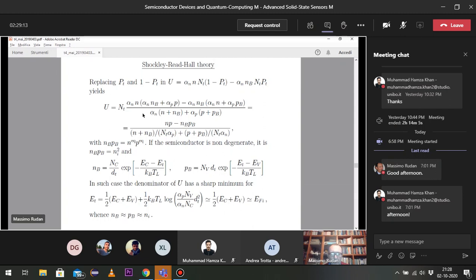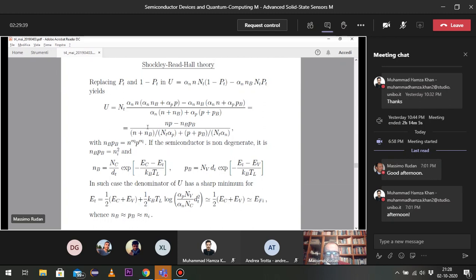And then we have here NB/PB, again multiplied by alpha n, alpha p. We divide the numerator and the denominator by alpha n, alpha p, and t, and we obtain this simplified expression.